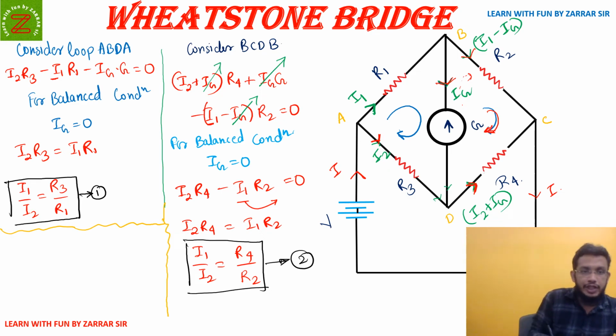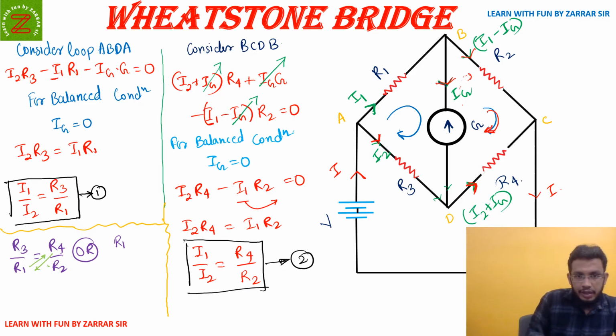So I can write the final equation as R3 upon R1 is equal to R4 upon R2, or if I shift this R1 over here and R4 here, it becomes R1 upon R2 is equal to R3 upon R4. So this is your final answer.